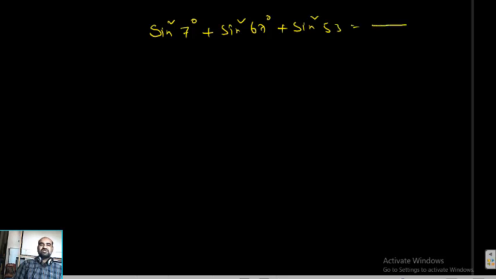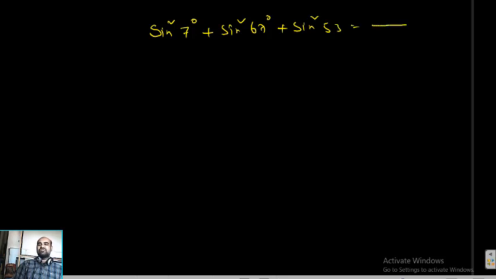Observe, for example, a problem is given like this: sin square 7 degree plus sin square 67 degree plus sin square 53 degree equals dash.